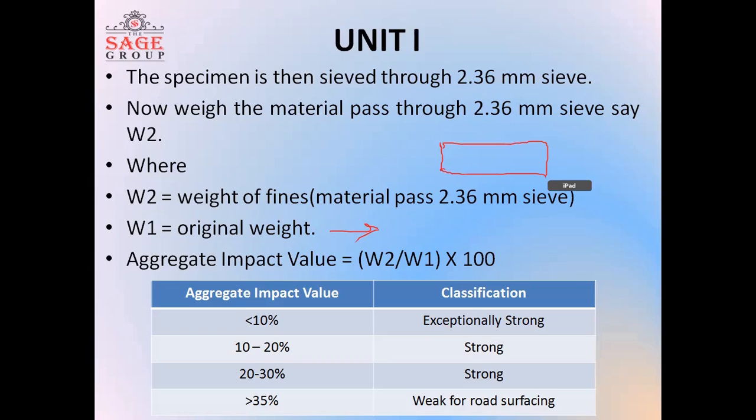The aggregate impact value is the ratio of W2 by W1 into 100, which gives the impact value of the stone.